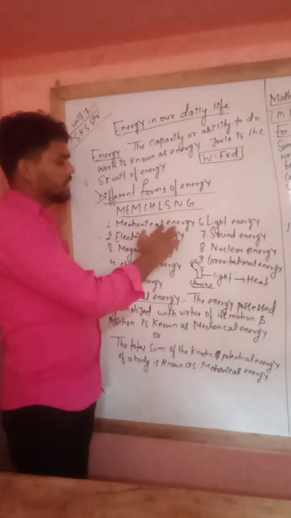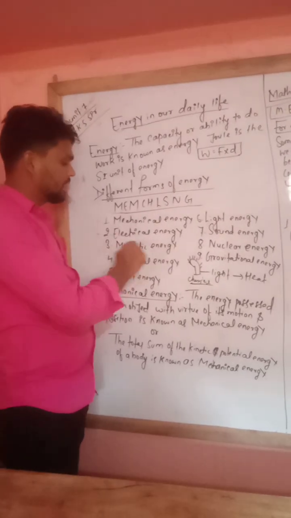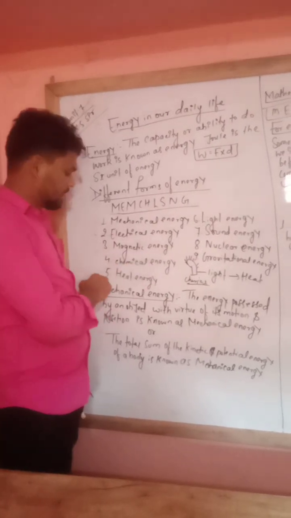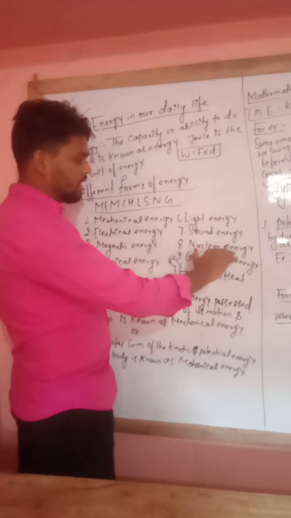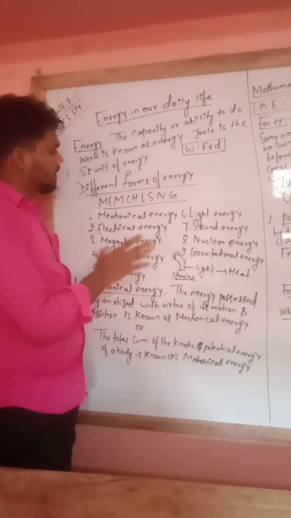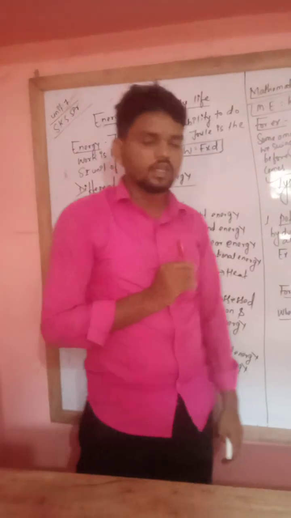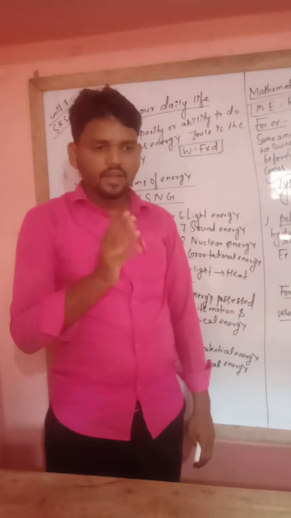First is mechanical energy. The second one is electrical energy, magnetic energy, chemical energy, heat energy. The next ones are light energy, sound energy, nuclear energy, gravitational energy. These are all the different forms of energy.